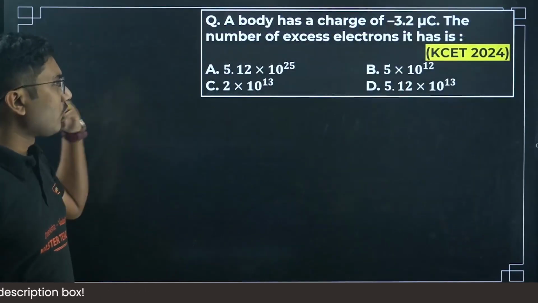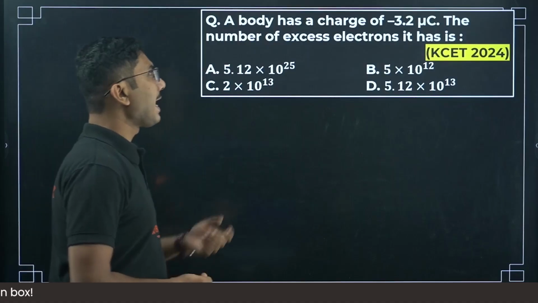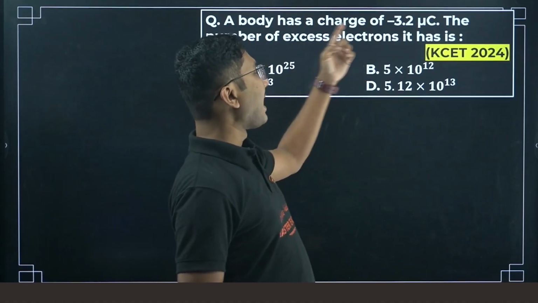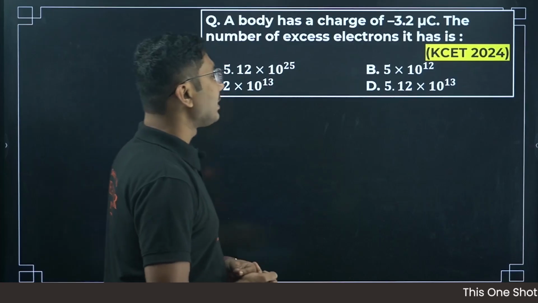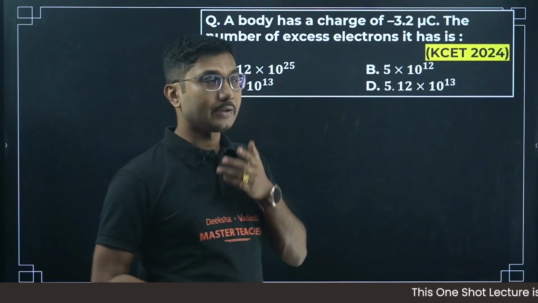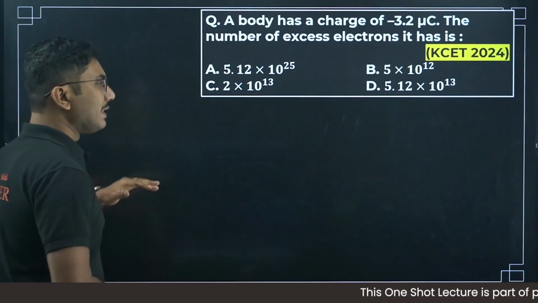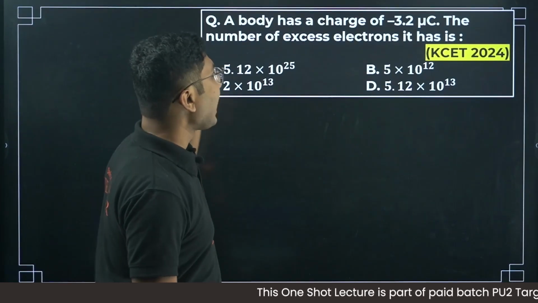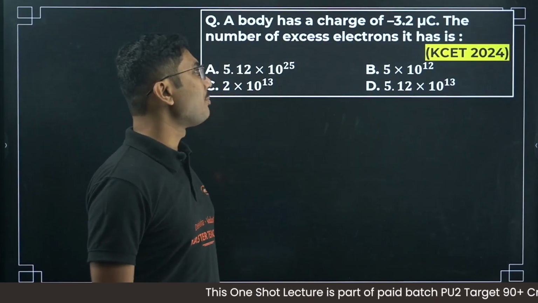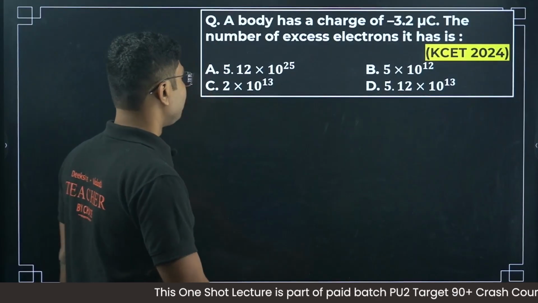Okay, now let's solve one question. A body has a charge of minus 3.2 microcoulomb. Find the number of excess electrons it has. This is from KCET 2024. Don't worry, this kind of question can come in COMEDK as well. So the body has a charge of minus 3.2 microcoulomb.